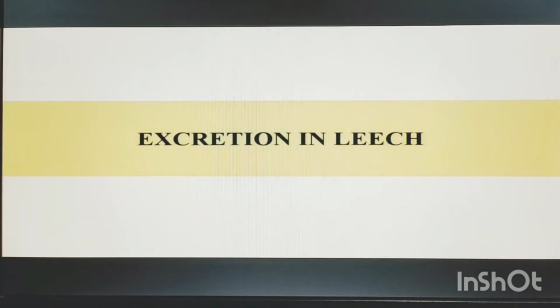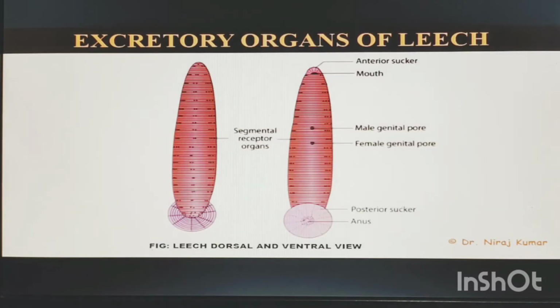Next, details of excretion in leech. Friends, leech is a parasitic worm included in class Hirudinea of phylum Annelida. Its scientific name is Hirudinaria granulosa, or the common name is Indian cattle leech.